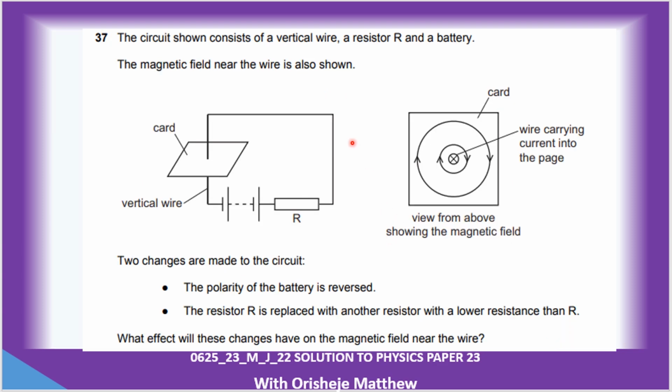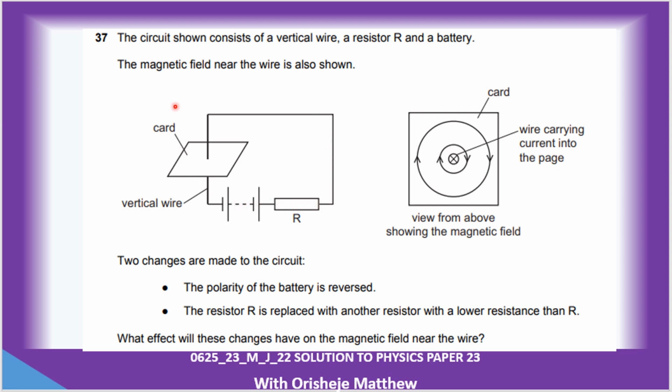Question 37. This circuit consists of a vertical wire, a resistance R, and a battery. The magnetic field near the wire is shown. So let's look at this. Now, how does current flow? Current will flow like this.